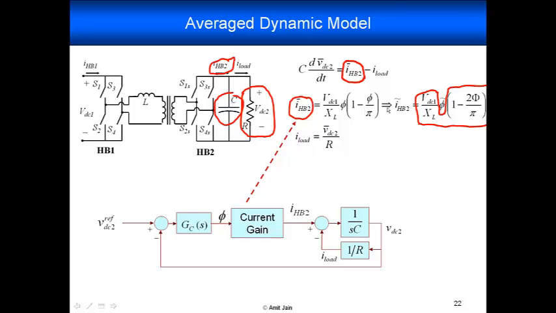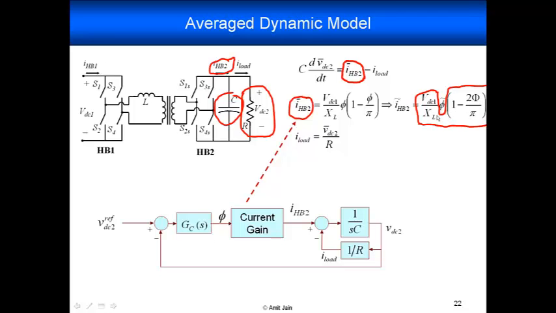If you're doing a linear design, we can go ahead and linearize this at an operating condition. So at an operating uppercase phi, this is the gain of the converter, VDC1 over XL times 1 minus 2 uppercase phi divided by pi.